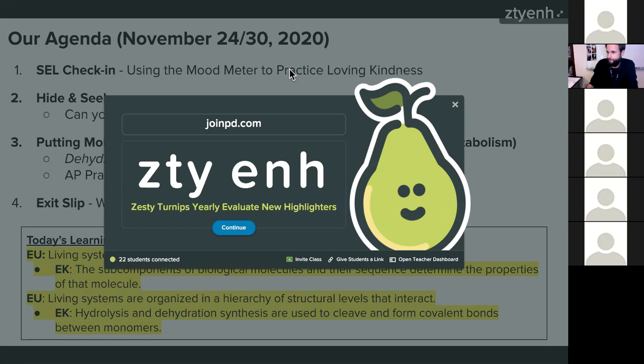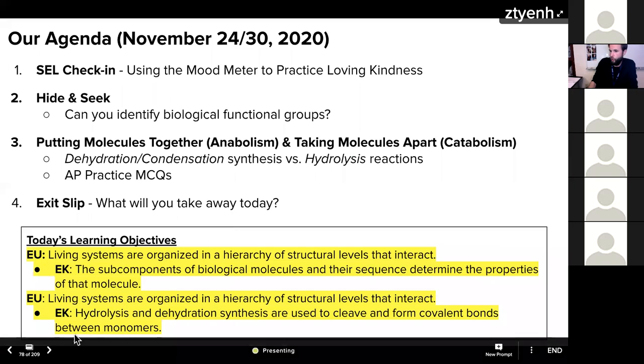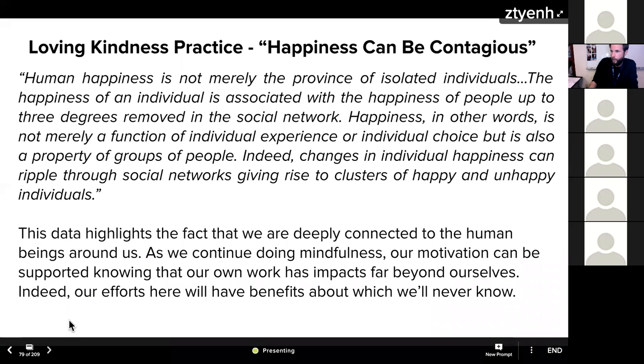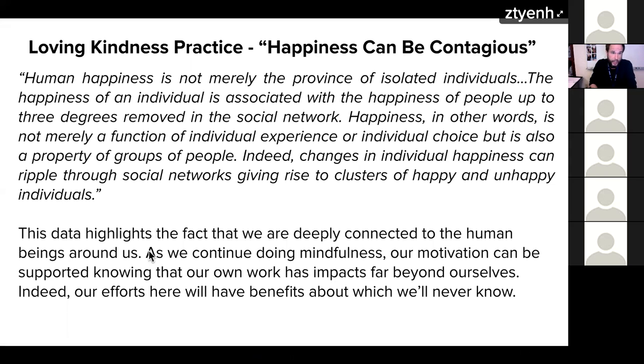Okay. Well, our check-in for today actually involves a sub-practice of mindfulness that's referred to as loving kindness, sometimes referred to as heartfulness.